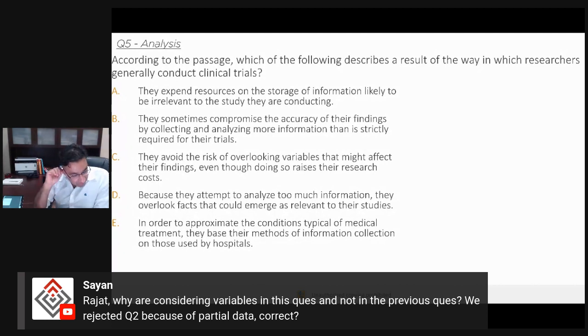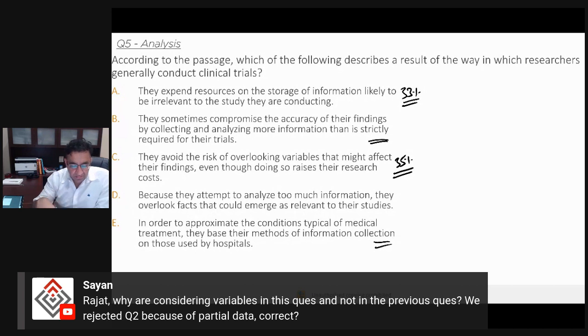So let's look at how you guys polled in this particular one over here. 35% of you chose choice C, 33% of you chose choice A, and then choice B is popular, choice E is popular.